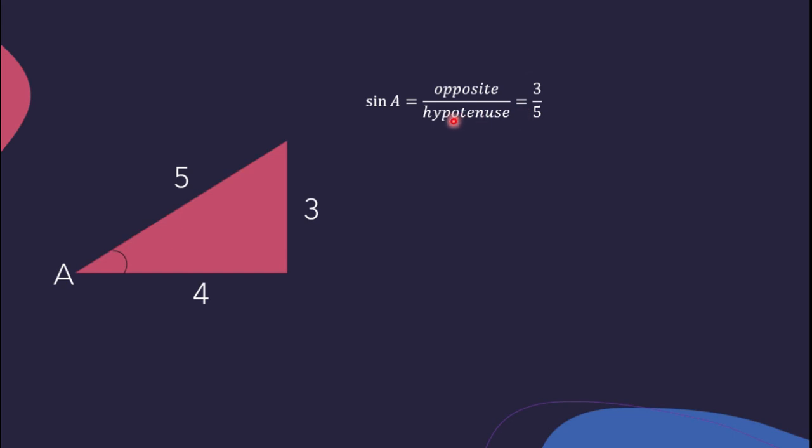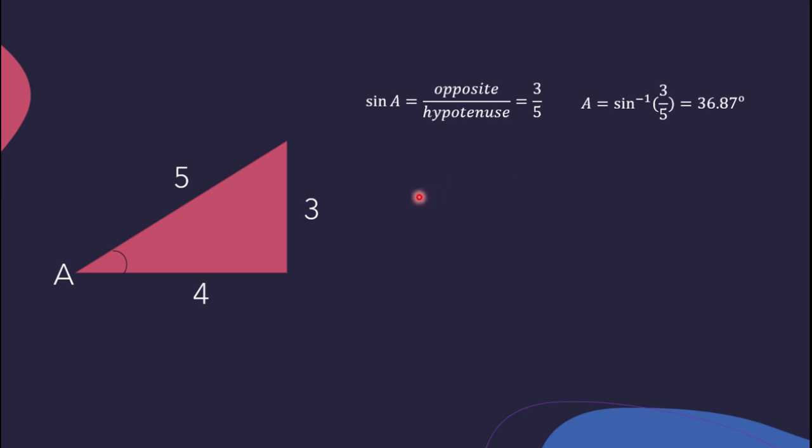Then, in finding the angle A, you must transfer sine to the other side, which will be converted into sine inverse, sine raised to -1 of 3 over 5, which is 36.87 degrees.